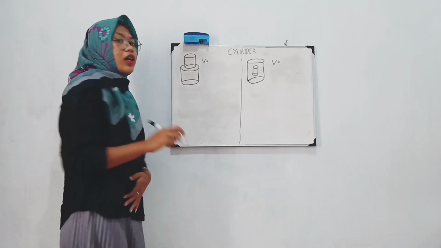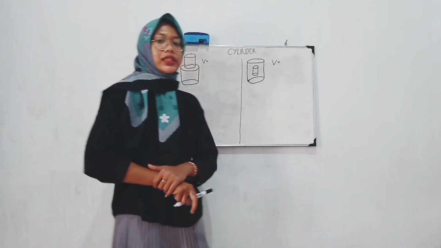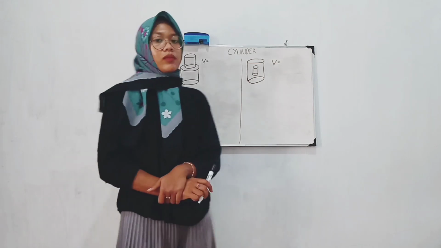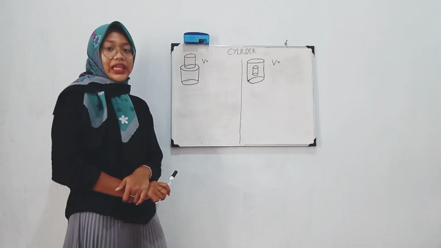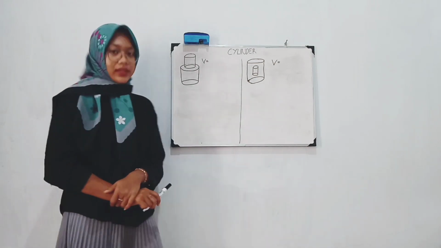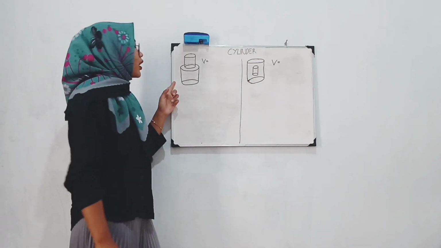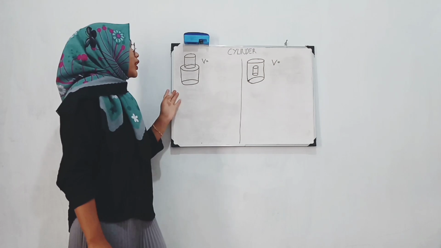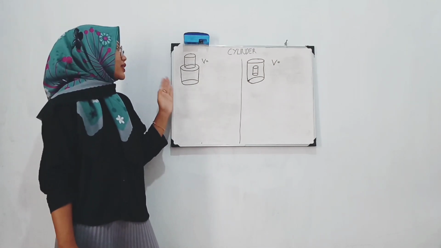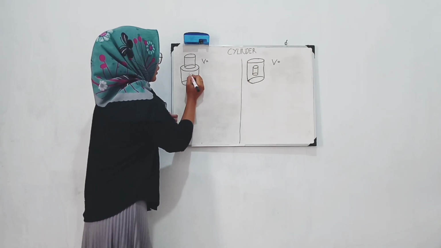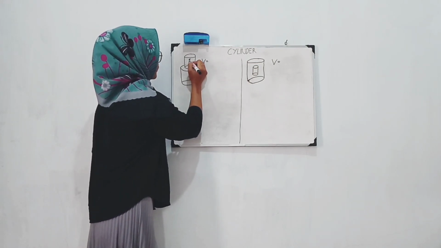Okay, the combined volume of two cylinders. The combined volume of two cylinders is the volume of two cylinders attached to each other, both above and inside. This is a combination of two cylinders attached above. To determine the volume, mark the cylinders as cylinder 1 and cylinder 2.